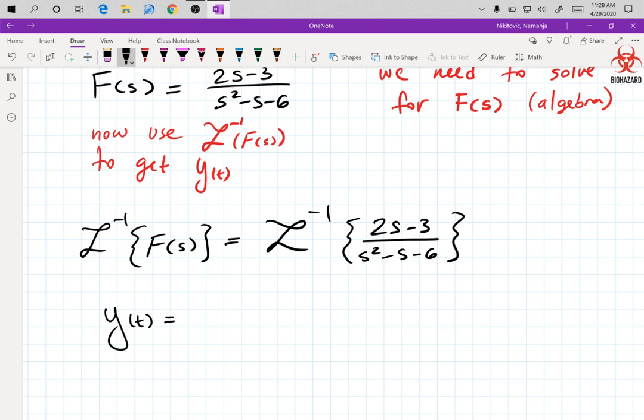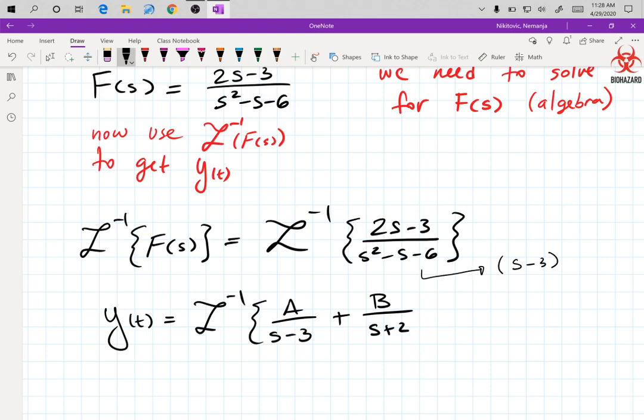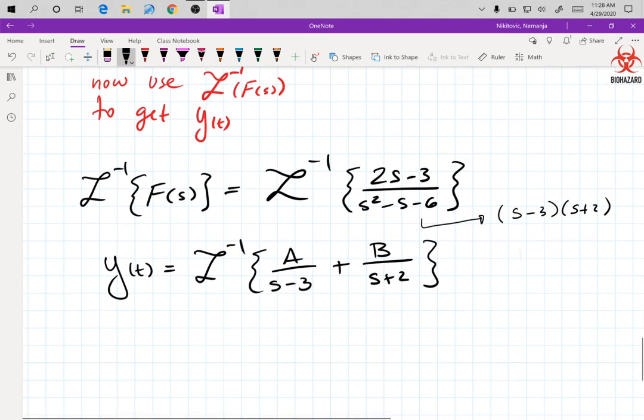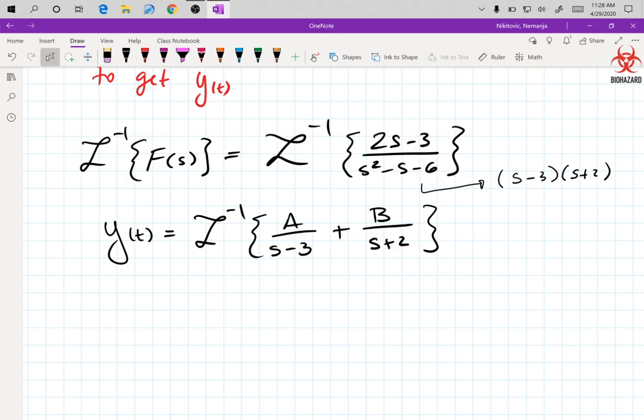I mean, Laplace transforms really backwards for inverse Laplace. So it's inverse Laplace of, and now you have your A over s minus 3 plus B over s plus 2, right? Because the denominator over here factors into s minus 3 and s plus 2, and we can do our partial fraction decomposition.